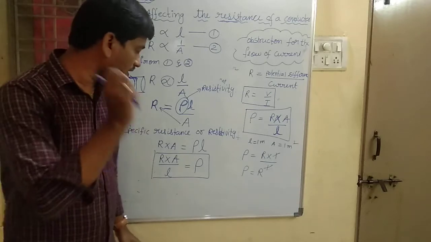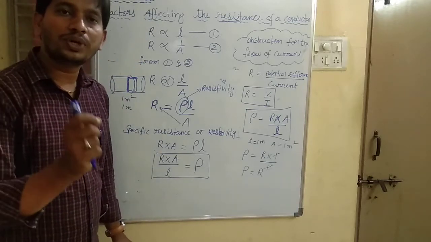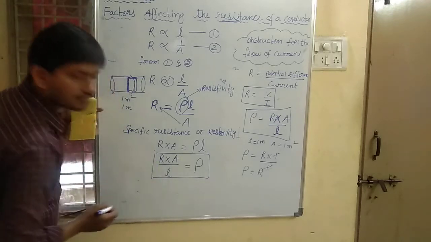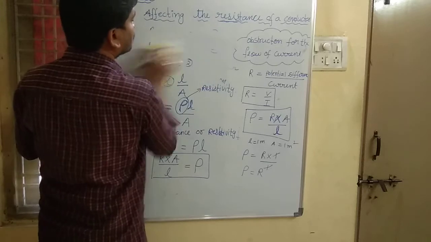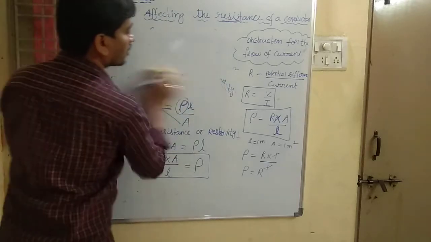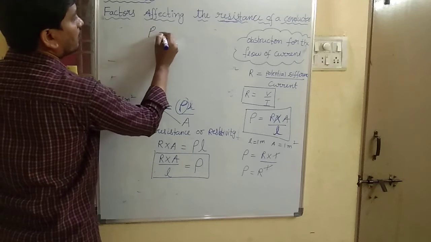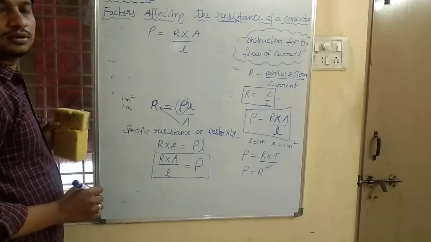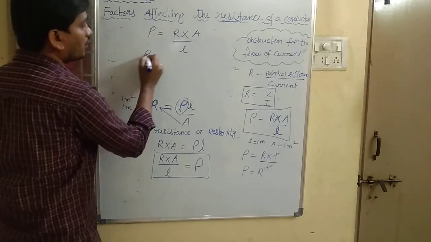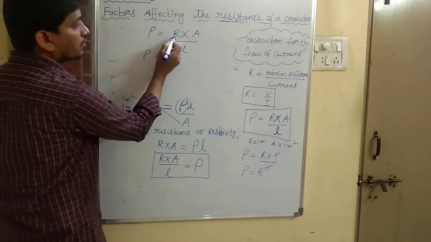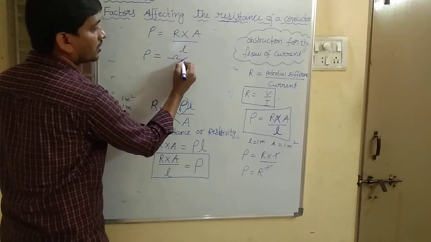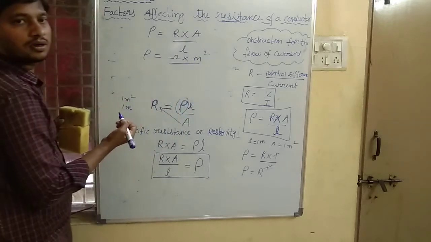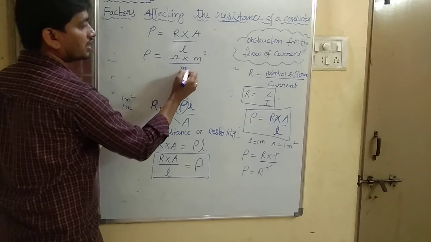And one more important point here: what are the units of resistivity? We have the formula rho equal to R into A by L. As we know, resistance units are ohm, units of area is meter square and units of length is meter.